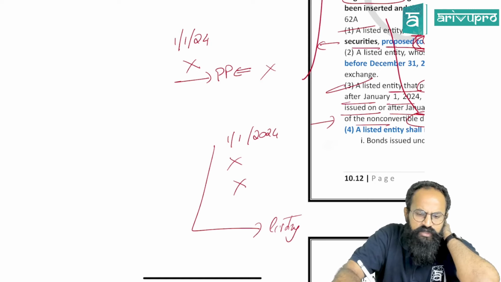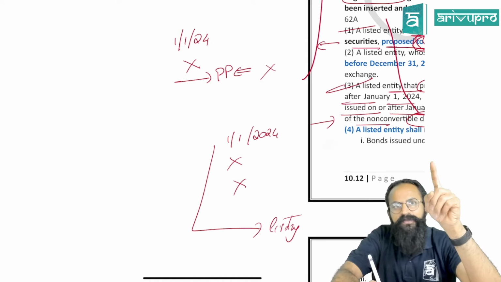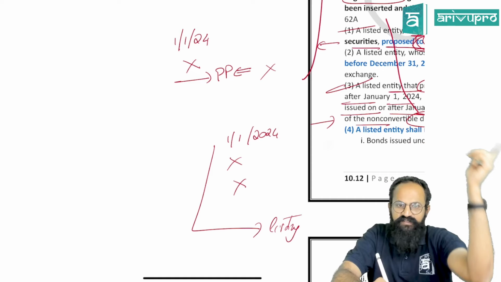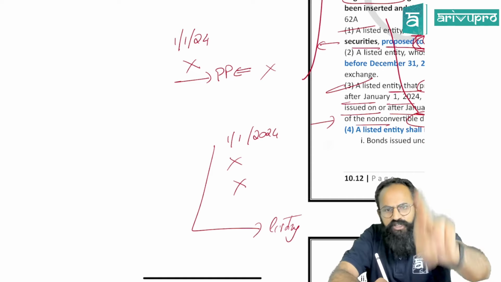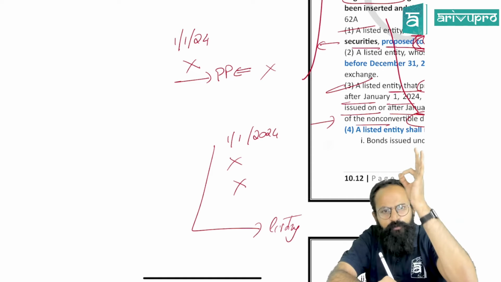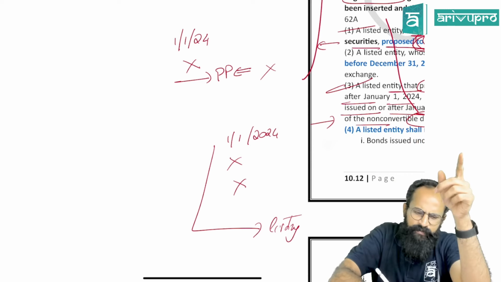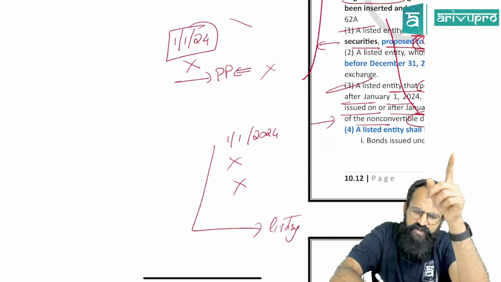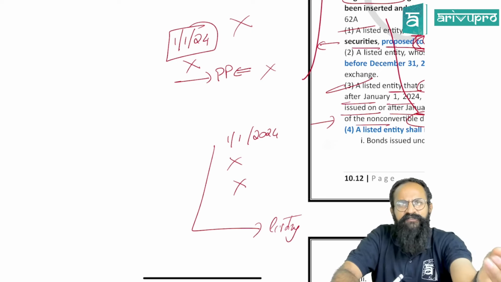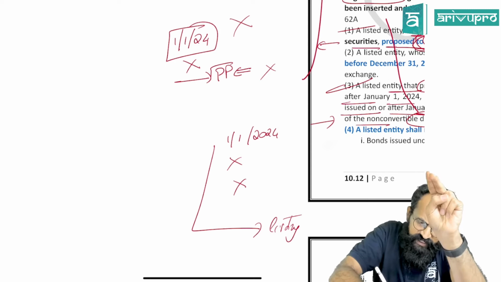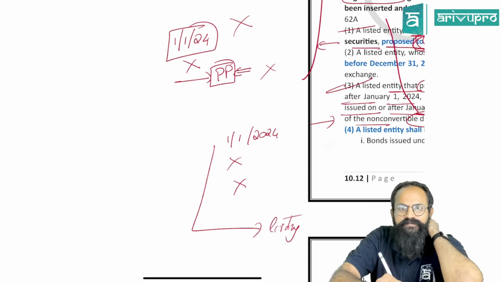The answer is no. Because when does the first condition come? Whenever any of your existing shares are listed, your new issue, however you do it, you have to mandatorily list that also on the stock exchange. But imagine in my case, on 1st January 2024, there are no non-convertible securities that are already listed.